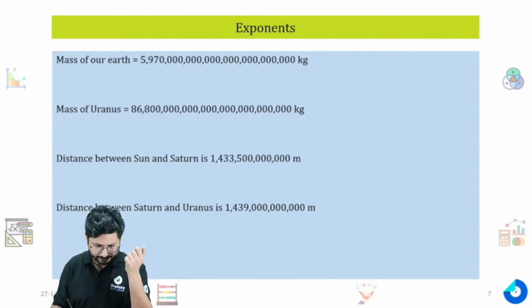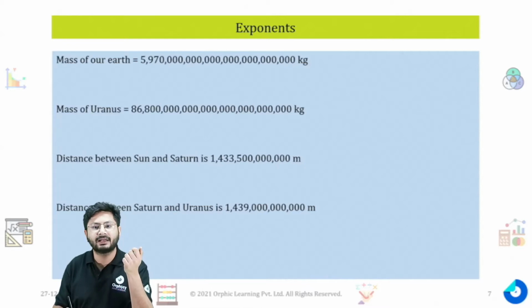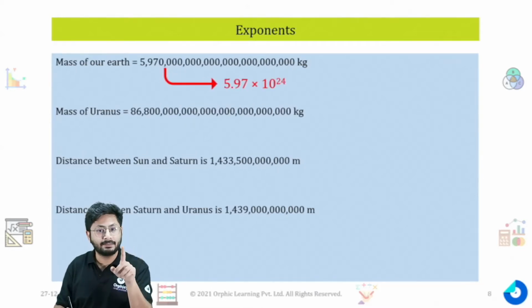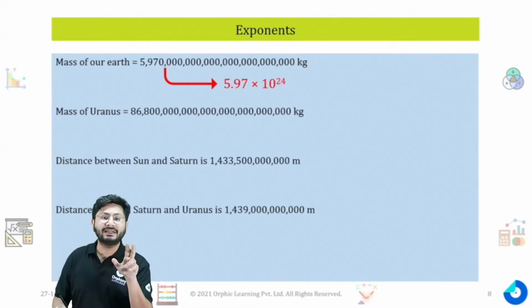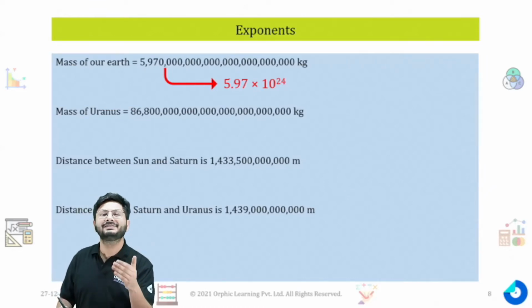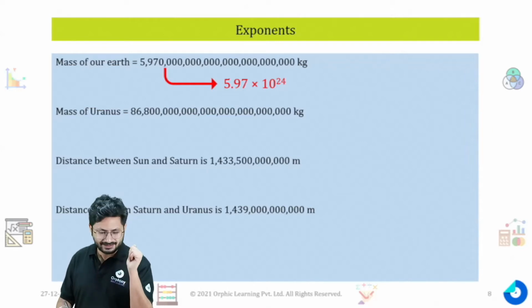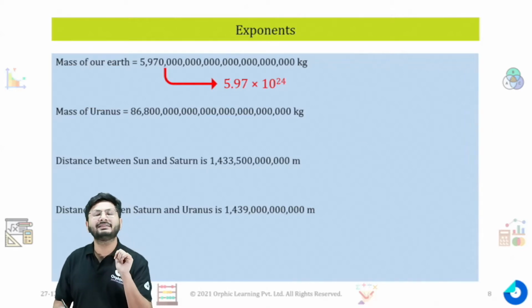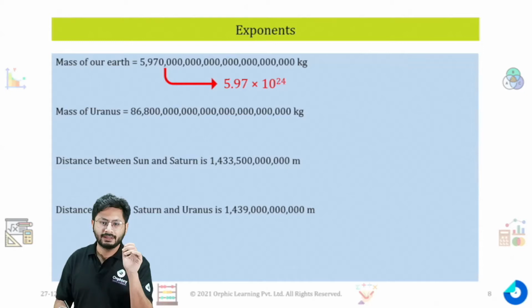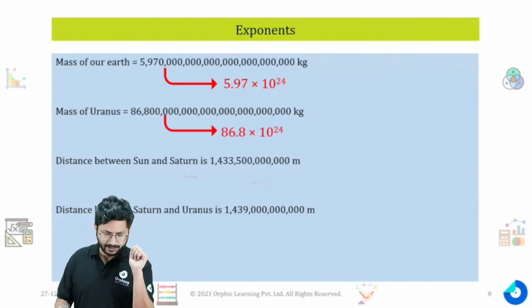For example, 597000000000000000000000 kgs can be written as 5.97 into 10 to the power 24. This is called the standard form of an exponent, okay, like these.